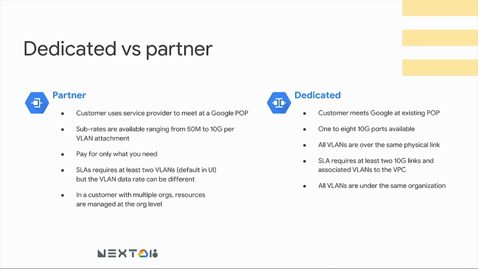And as well with partner, from start to finish, especially if you already have a partner and connections to that partner, can be extremely fast, order of minutes. Whereas if you're using dedicated, unless you have the gear placed, you have the rack bought, you have all of those contracts in place with the co-location facility, that can take a little bit longer. Typically, dedicated takes order of a week, versus partner can take order of minutes, depending on the partner connection that you have.